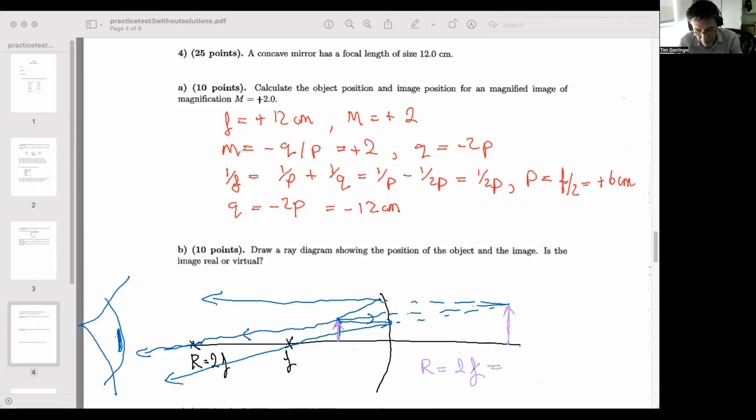We know the focal length is 12 centimeters. And so we just have to multiply this 12 centimeters by 2, and that will be 24 centimeters. And so that's the radius of curvature of our mirror, 24 centimeters.